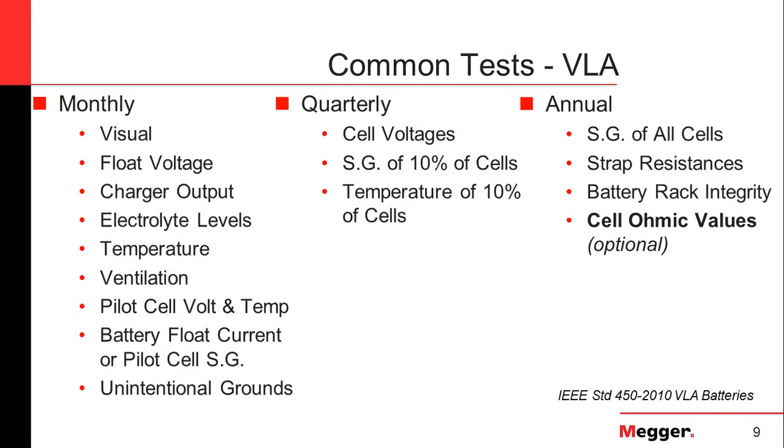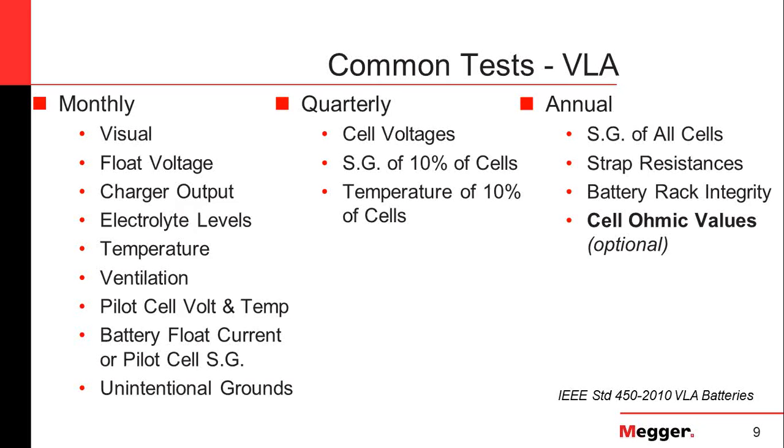Okay, some of the common tests. You have monthly, quarterly and annual tests, and this is specifically for the vented lead acid battery based on IEEE standard 450-2010. You'll see that on the monthly basis, you're going to be doing some of your voltage checks, charger output, your specific gravity measurements on pilot cells and things of that nature, checking for grounds.